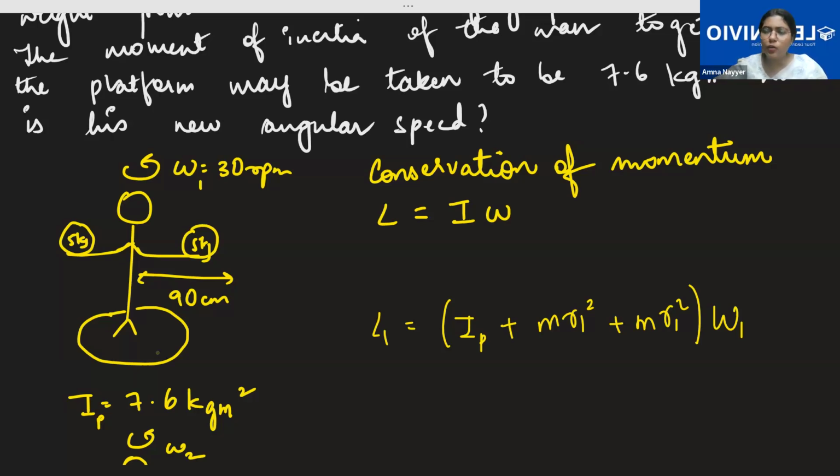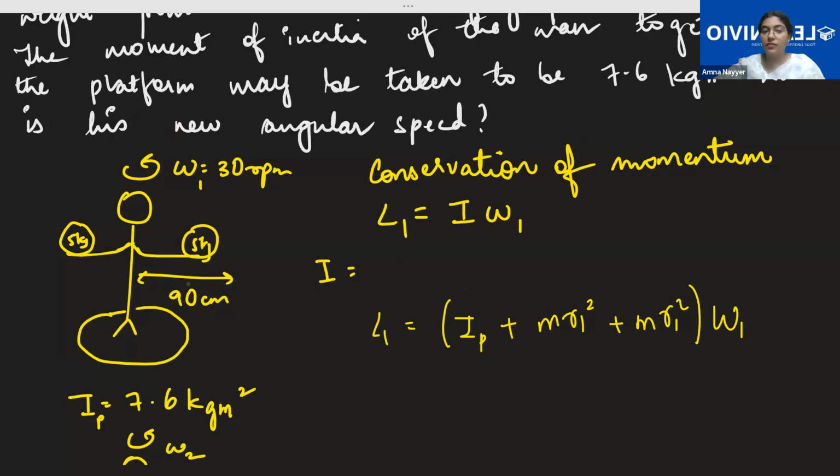The entire system is directly rotating. So whatever the speed of the platform's rotation, the person is standing there only. He is holding both of the weights. So both of the weights plus the man, the entire rotation will give us the same value of angular momentum. So angular momentum will be the same for the entire system. Omega will also be the same, but moment of inertia will not be the same.